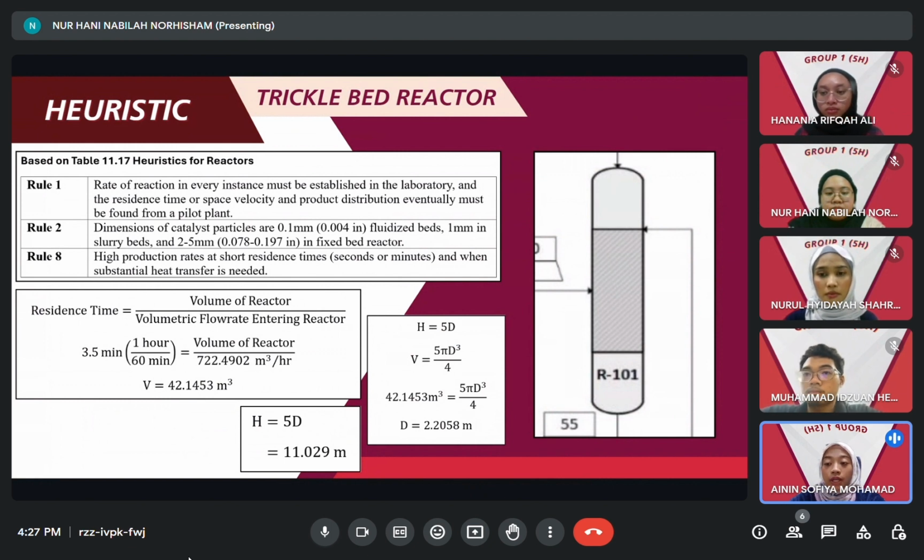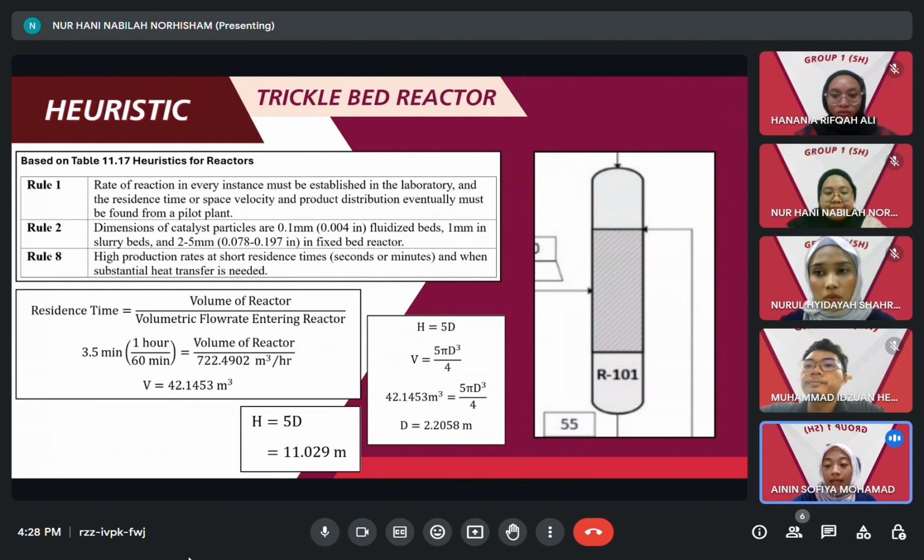Based on these rules, we evaluated our residence time from our literature review, and it was found that the residence time of a trickle bed reactor is within the range of 1.2 to 6.5 minutes. The most suitable residence time that we assumed based on that range is 3.5 minutes.